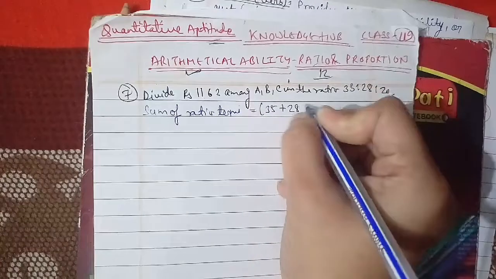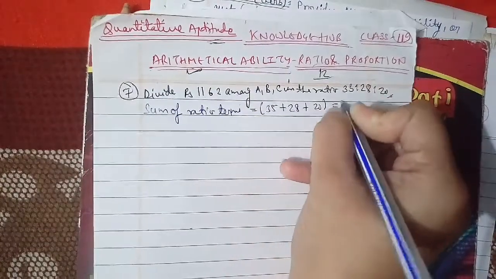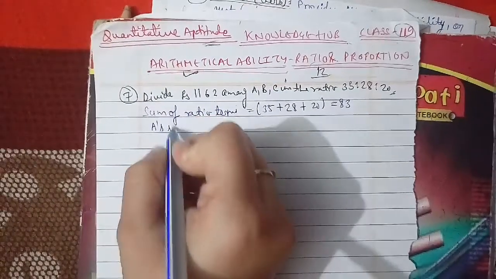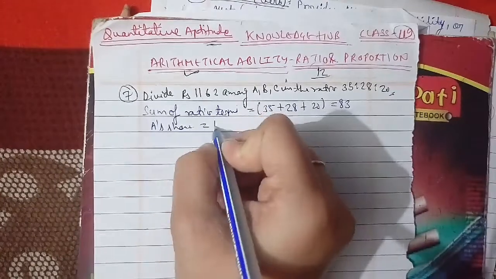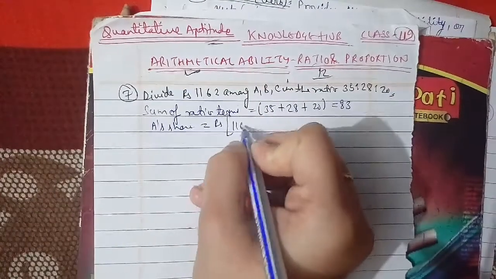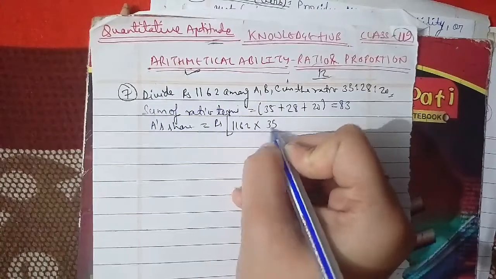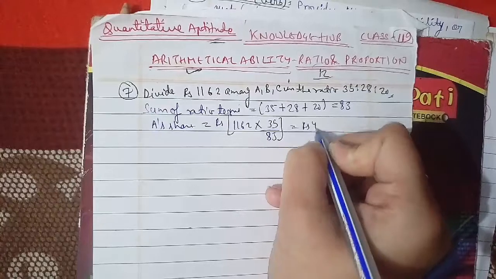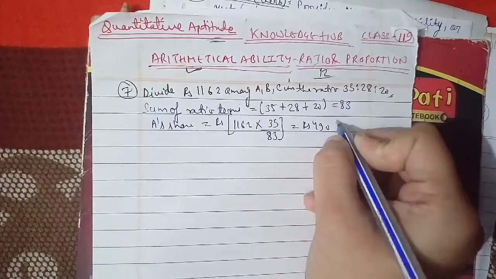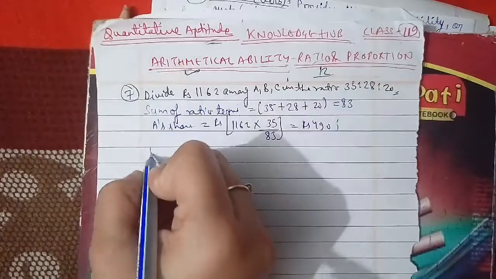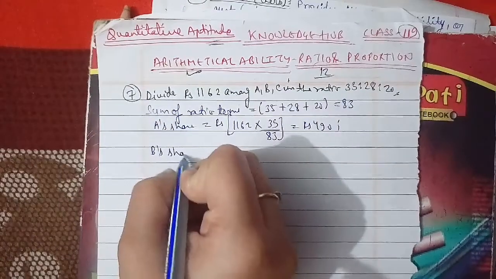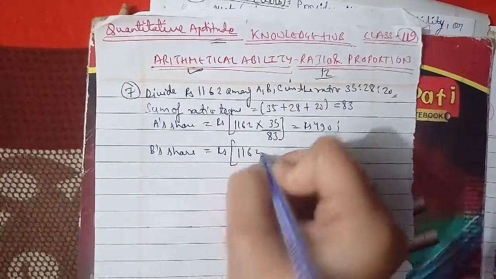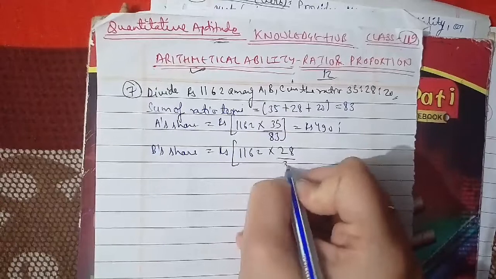So A's share equals rupees 1162 into 35 upon 83, which equals rupees 490. B's share equals rupees 1162 into 28 upon 83, which equals rupees 392.